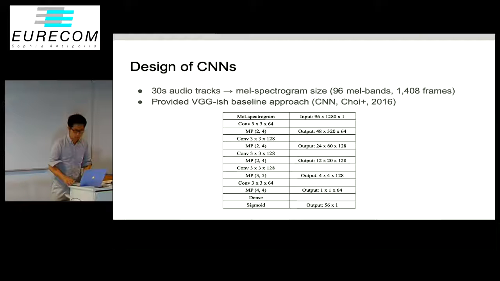The audio tracks in the dataset are all longer than 30 seconds, and for 30 second audio tracks, the Mel-spectrogram size will be 96 Mel bands and 1,408 frames.